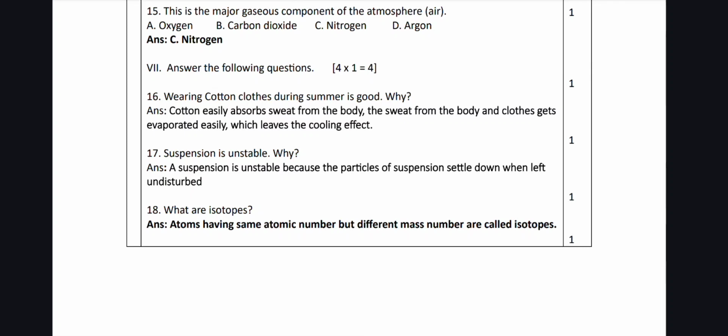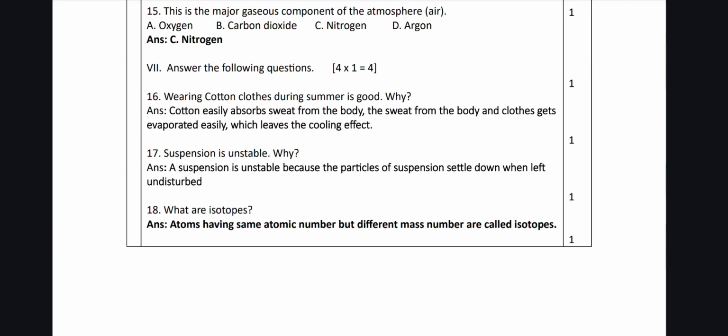When you just move it or shake it up, all these small particles will come up again. So suspension is unstable because the particles of the suspension settle down only when they are left undisturbed.